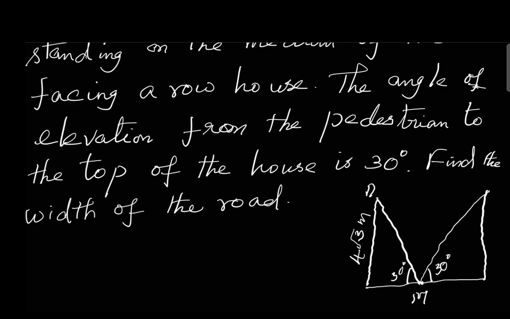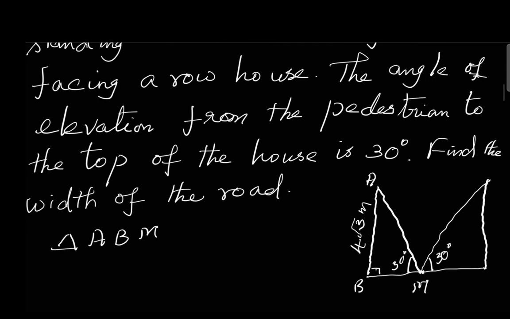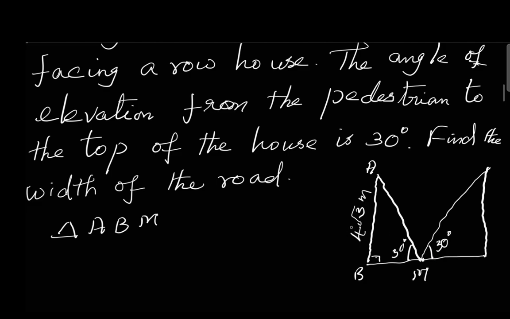Let me take this as A, B. On either side you have two triangles. Both are similar triangles. Let me take one triangle, one is enough: A, B, M. This is a right angle triangle. Here the angle of elevation is given and the side opposite to 30 degree is given.